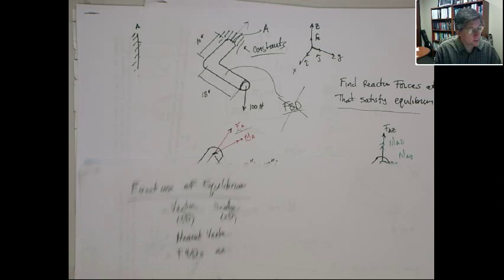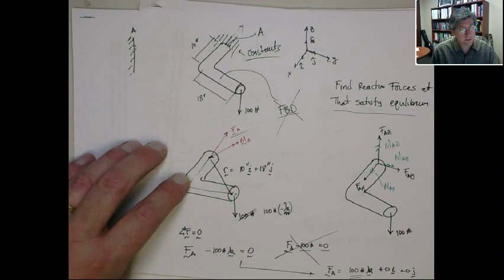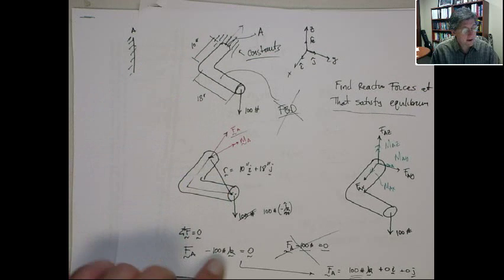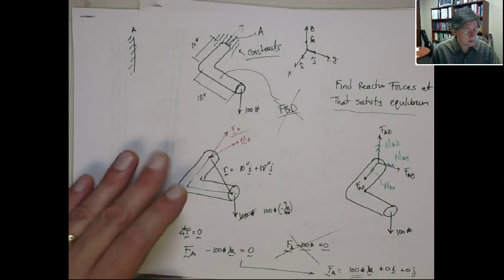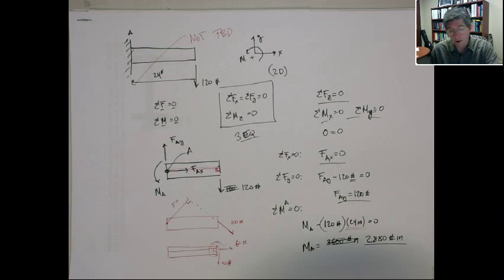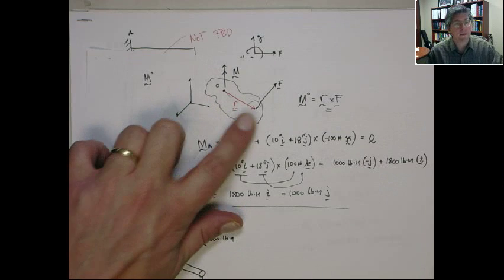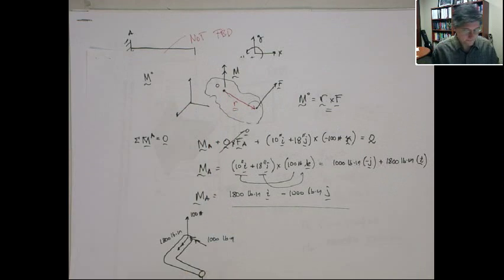I find that a little more difficult. If you do the 3D vector approach, be careful about keeping your unit vectors, making sure you're not adding scalars to vectors, and making sure you are clear in your head how to compute the moment. Make sure you're clear how to compute the moment of a force about a point.